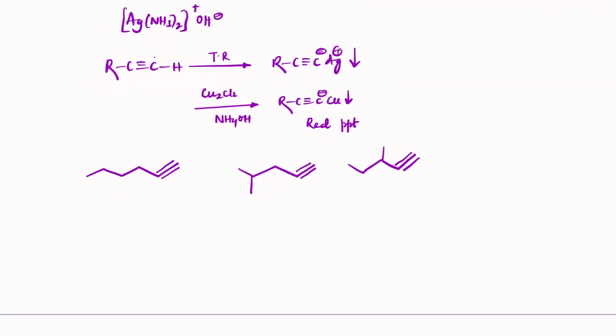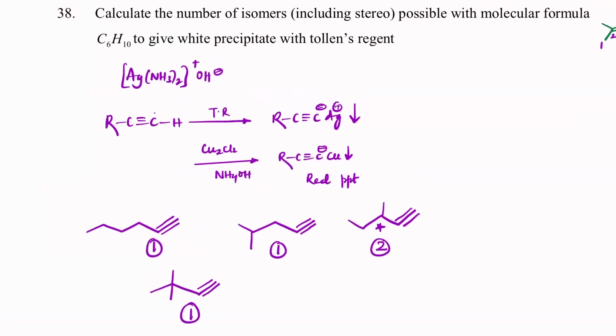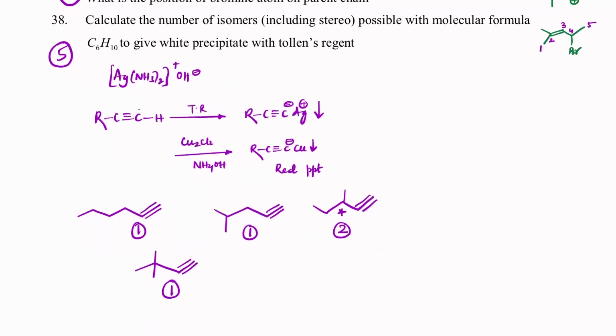And then I can have two more branches this time. So one methyl and methyl branch here. Correct. So only these are possible ones. But here there is a chiral center also that makes it 2, 1, 1 and 1. So total 5. So 5 isomers including stereoisomers.